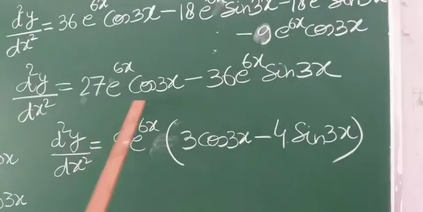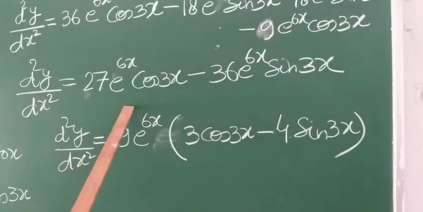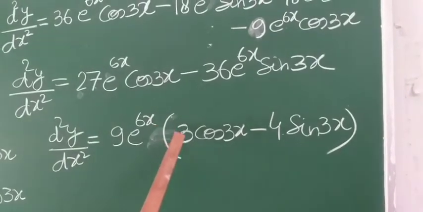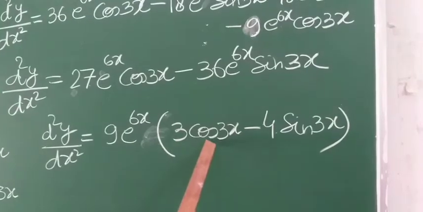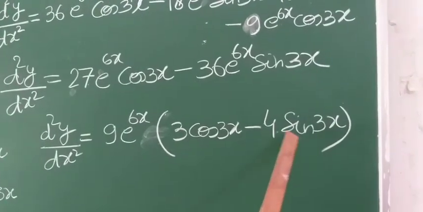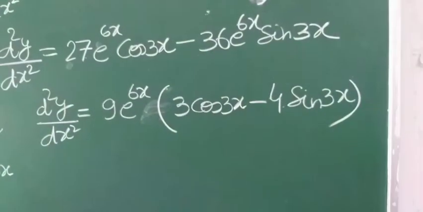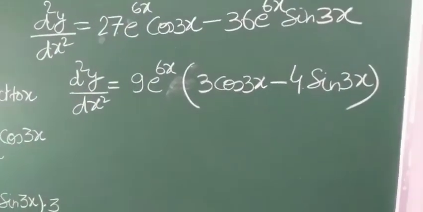Now students, we can take common. The common factor is 9 e to the power 6x. Then what is left inside? 3 cos 3x minus 4 sin 3x. So students, this is the second order derivative.